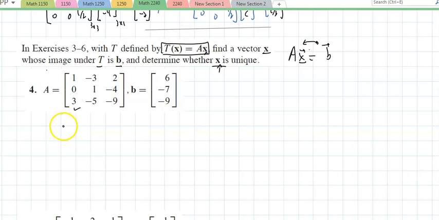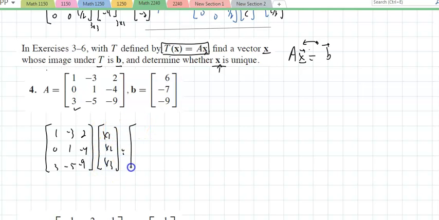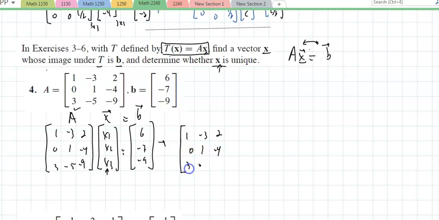If I write AX equals B. There's A, there's X, there's B. What do they want? They want us to find X. Hey, does that look familiar? Yeah, we just did that. We really know how to do this. Do we not find the solution?